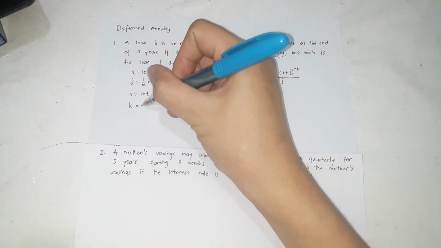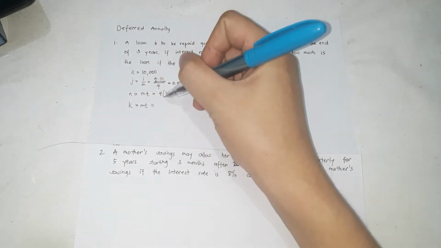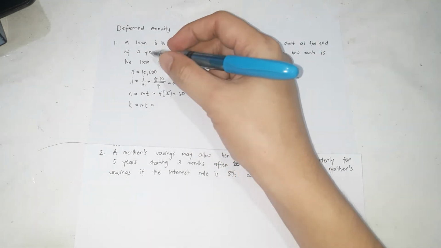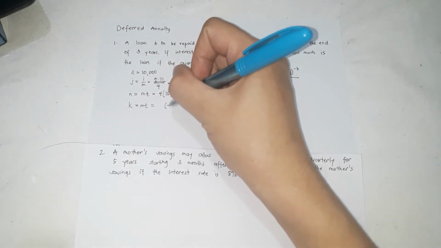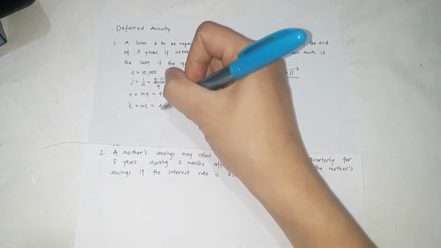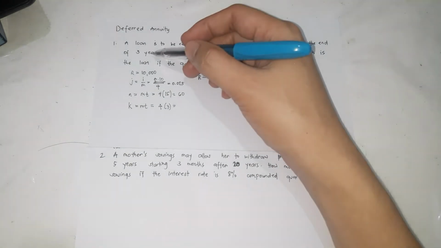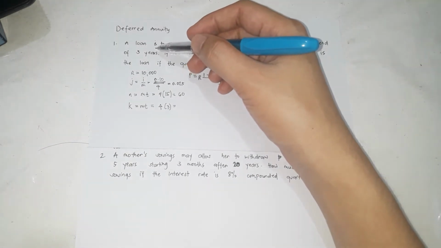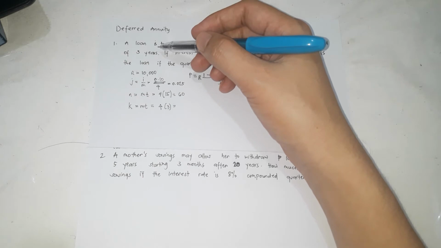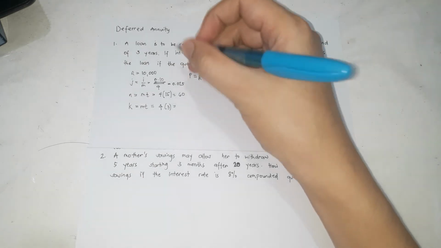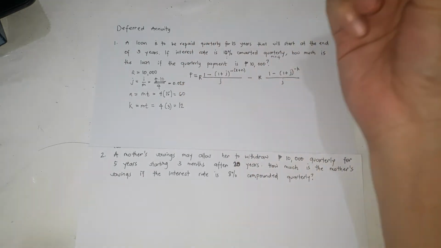It's the same process, m times t. The period of deferral is 3 years, so t is equal to 3 and m is 4. We know that m is 4 because it's quarterly, and the period of deferral is the number of years he won't pay, which is 3. So 4 times 3 is equal to 12.